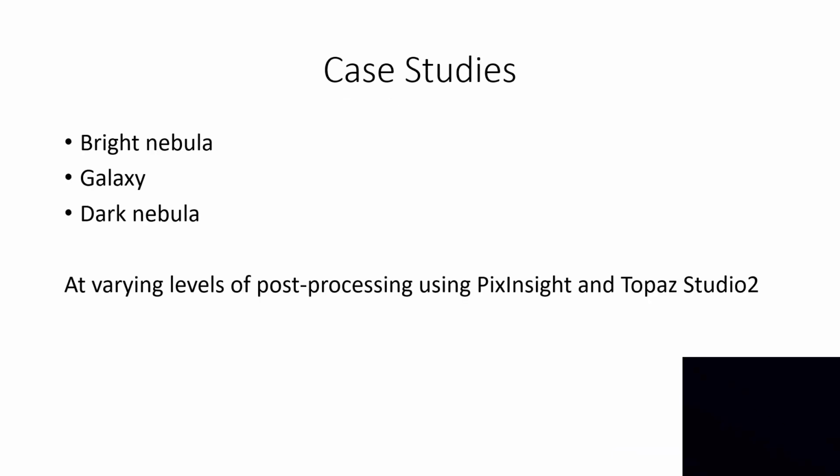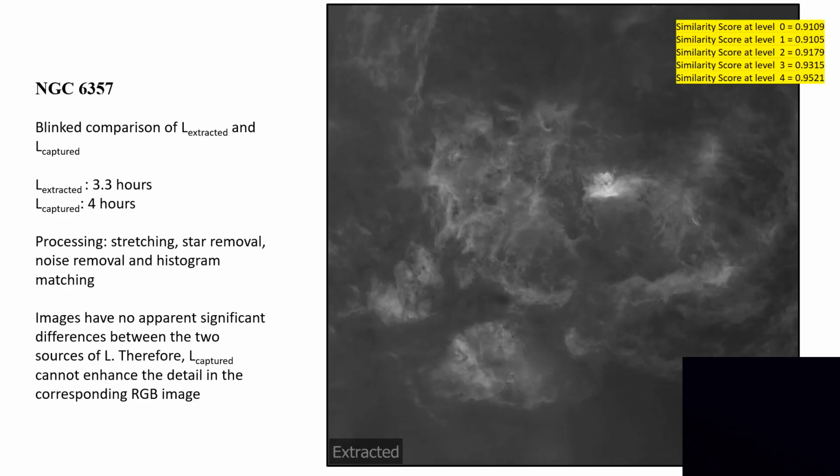Three case studies: a bright nebula, a galaxy, and a dark nebula. They had varying degrees of image processing after stretching, and that processing was done either in PixInsight or in Topaz or both. Here's NGC 6357, a bright nebula.